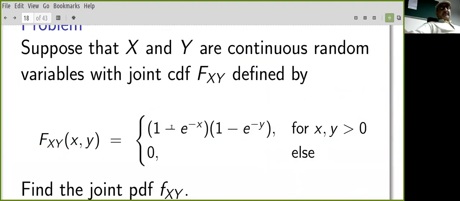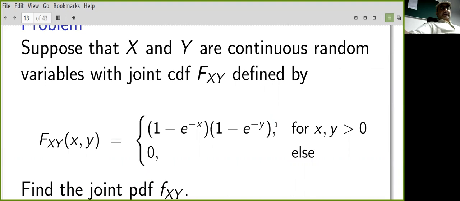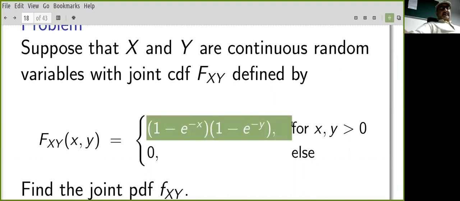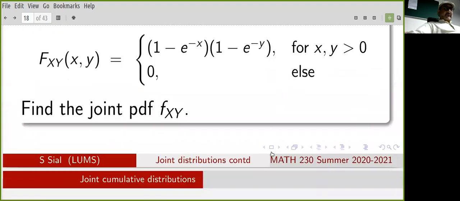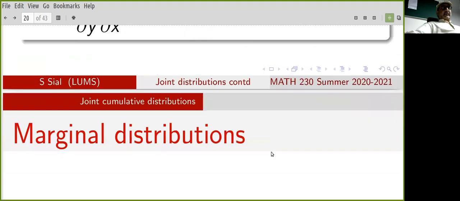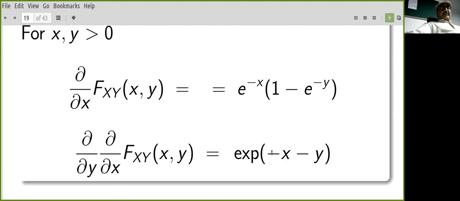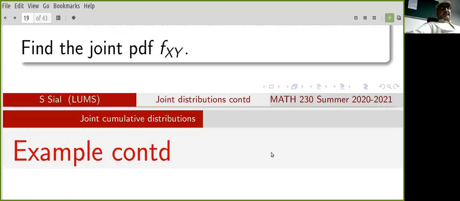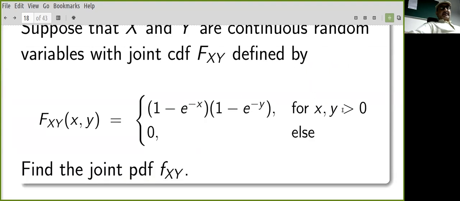Remember, this form of the CDF is only the case for x and y both greater than 0. For the rest of the region, you would be differentiating 0, which would give you 0. So the PDF would be e to the minus x minus y for x and y greater than or equal to 0, and 0 otherwise.